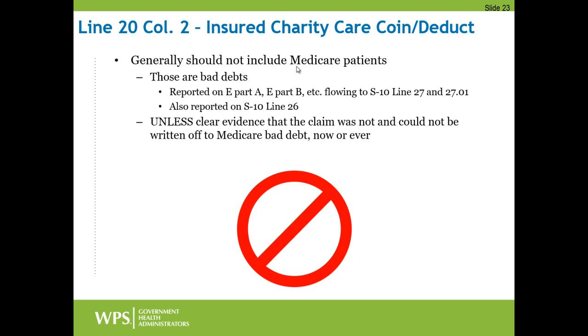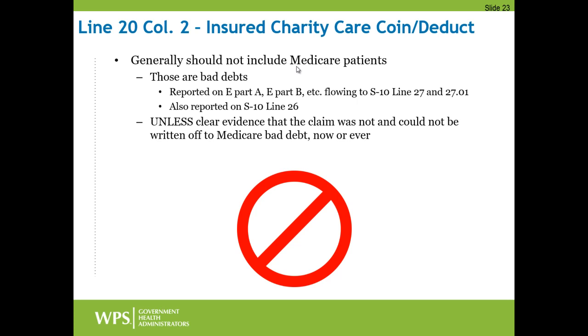Now, that last instruction that we read in the cost reporting instructions dealt with Medicare bad debts. It said you cannot include deductibles and coinsurance related to Medicare patients or Medicare bad debts. So what that specifically means is that, first of all, generally you're not going to have any Medicare patients in your line 20, column 2.